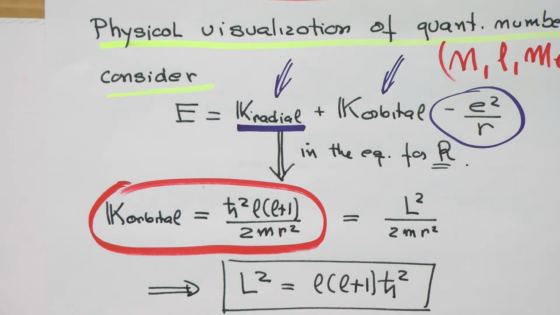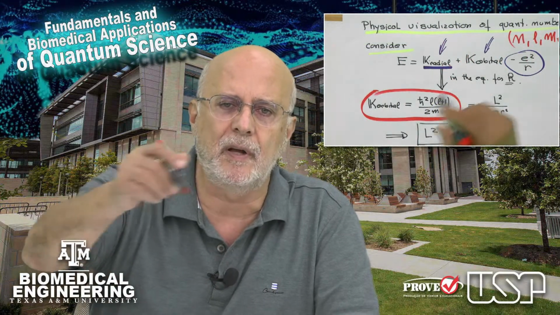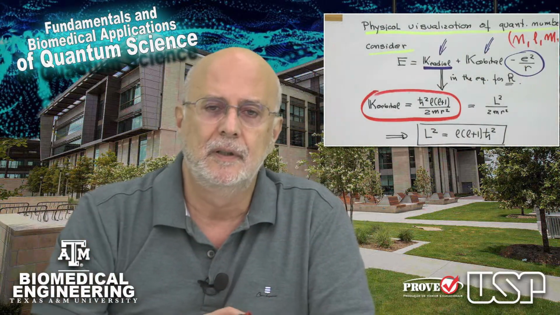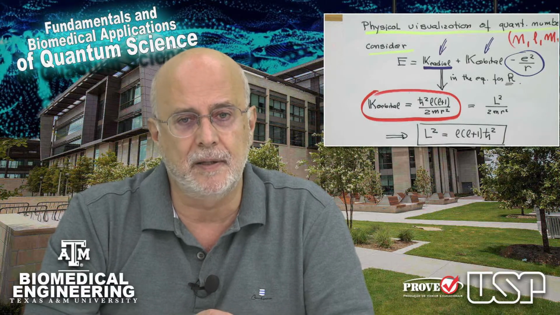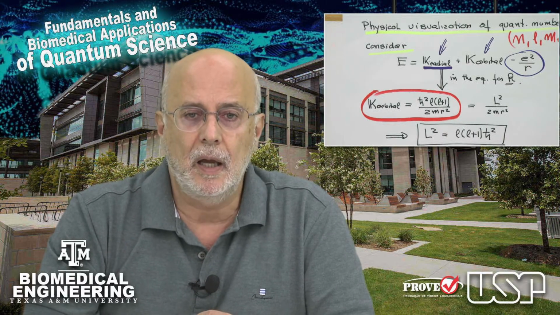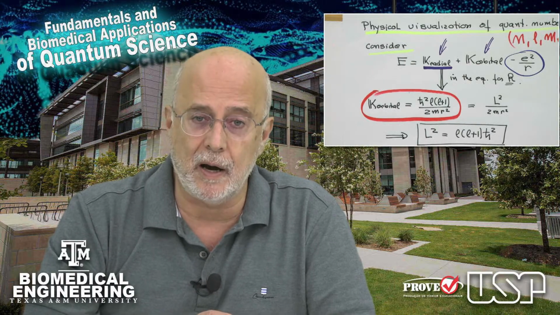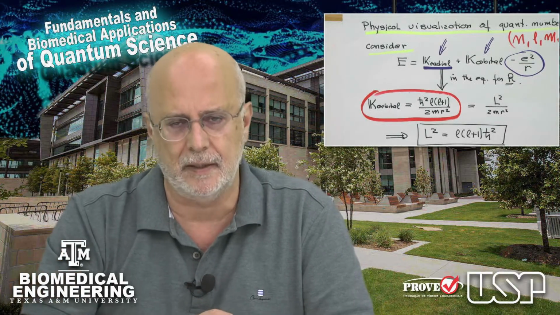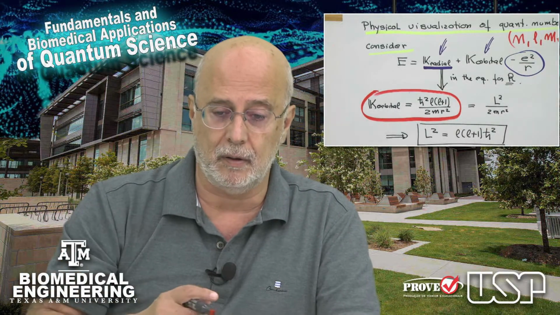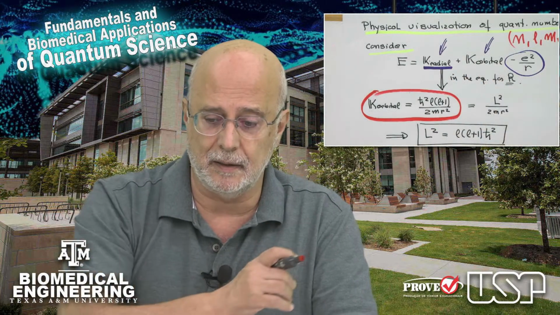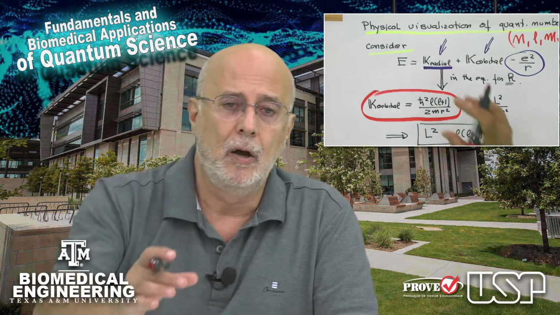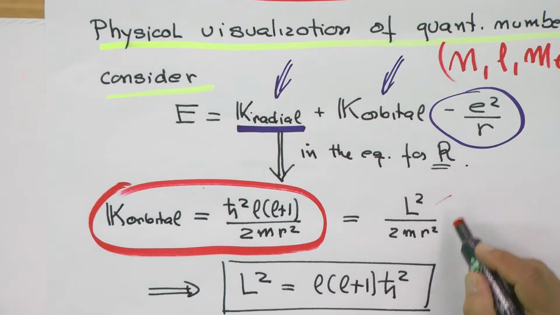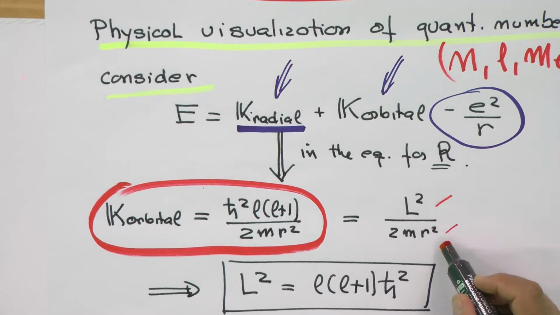If you ever learned about things that orbit another, you know that when you have a mass orbiting a center, you like to characterize the motion with the angular momentum. The angular momentum is r cross p, the linear momentum, right? And the energy of the orbit of a body of mass m orbiting a force center is L square divided by twice the inertial momentum.